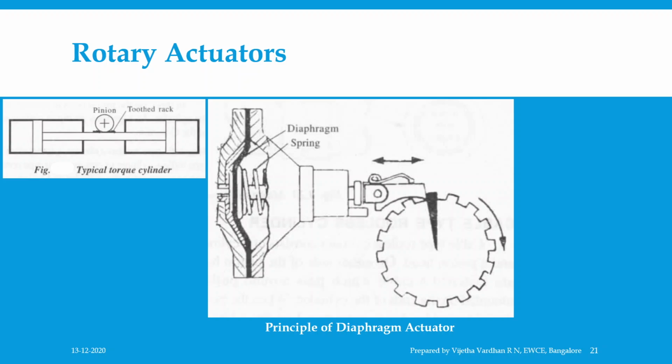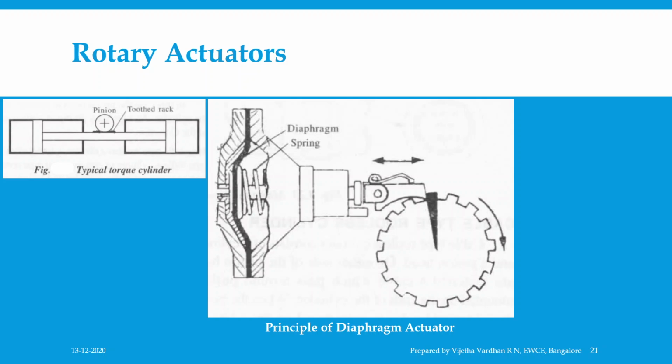The selected diaphragm cylinder is operated in an automatic oscillating mode, driving the toothed wheel continuously in a series of progressive rotary movements. The other cylinder reverses the direction of motion. Diaphragm cylinders are essentially high thrust devices. High output torques are realized, and this type of rotary actuator is capable of continuous rotation in either direction.